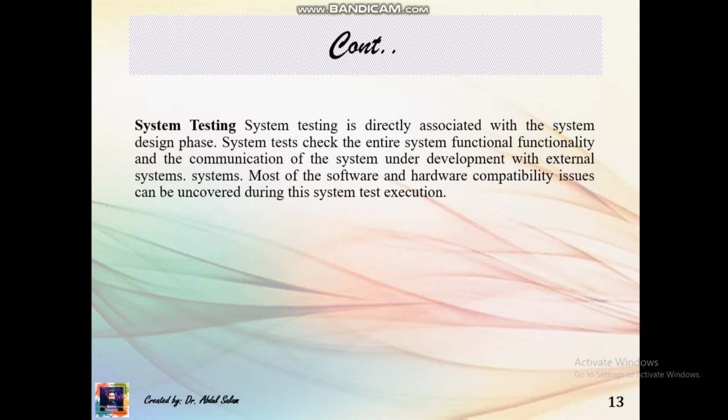Next, the third one is system testing. System testing is directly associated with the system design phase, and system test checks the entire system functionality and communication of the system under development with external systems. Most of the software and hardware compatibility issues can be uncovered during this system test execution.